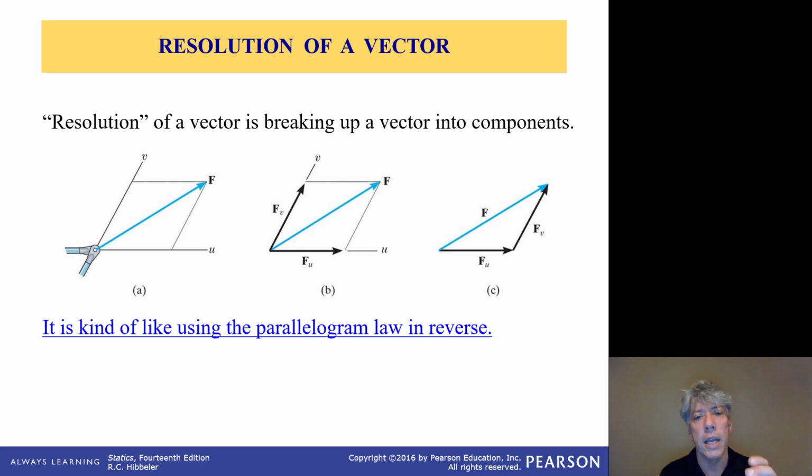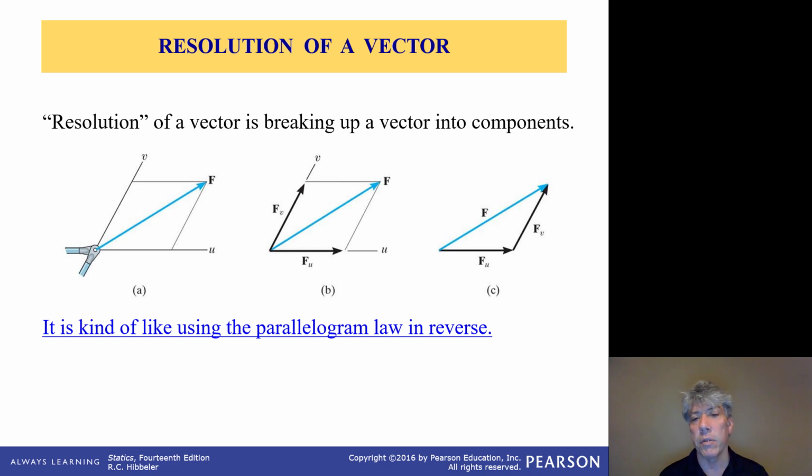If we were to apply forces at the eye, that connection point, equal to F sub V and F sub U, which are components of F, we would get the same net effect because F sub V and F sub U add up to F. Now here's what's kind of interesting about it.